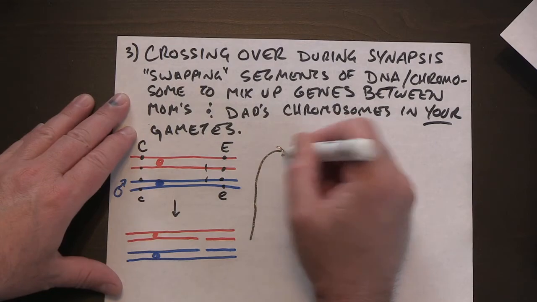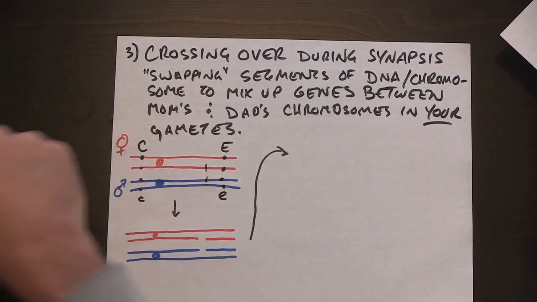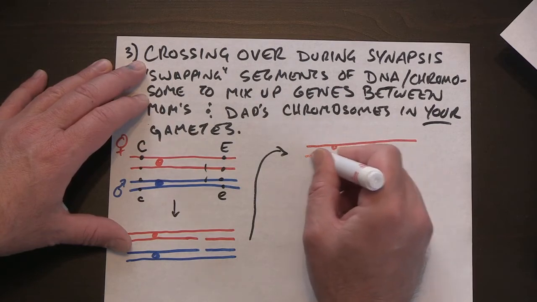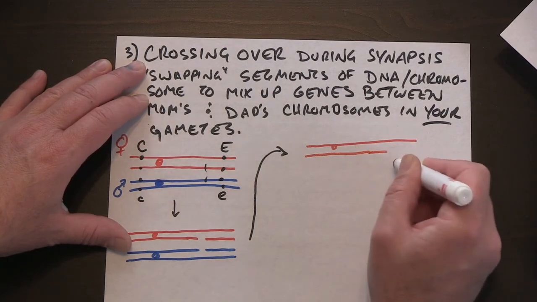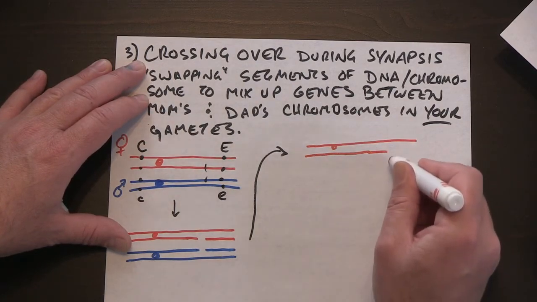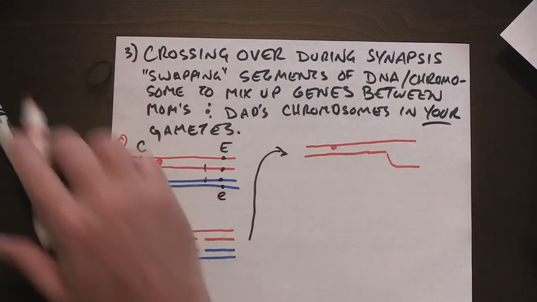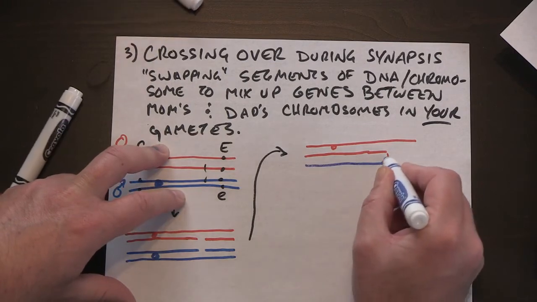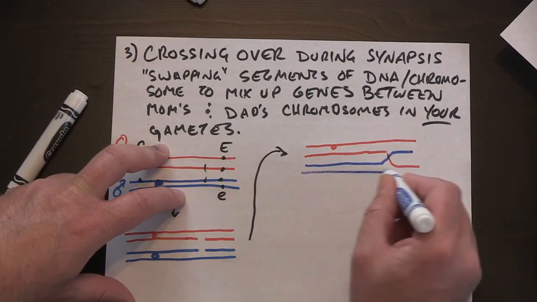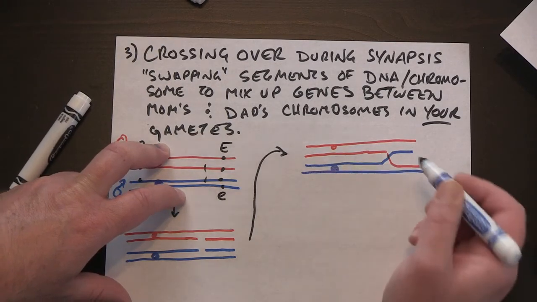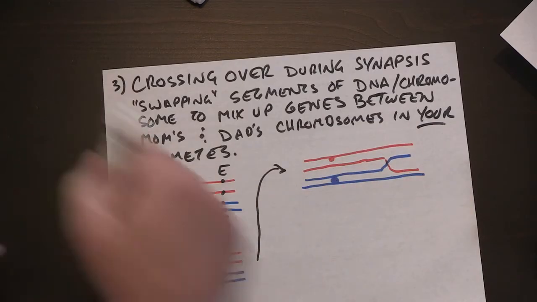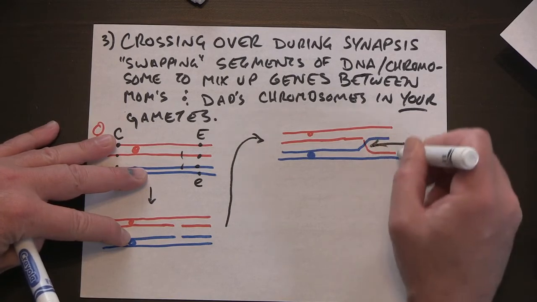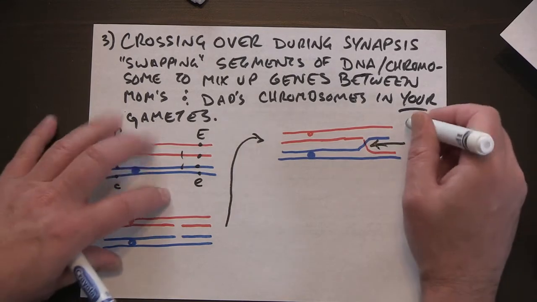Let's go up like this. So that structure right there is called a chiasm or a chiasma.